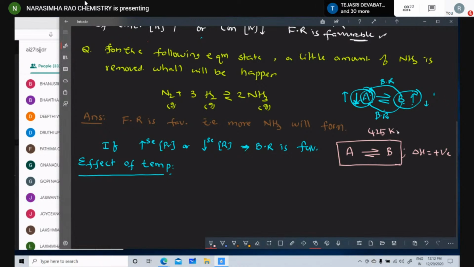Now suddenly I am raising the temperature 425 to 525 Kelvin ki change chesam. Now temperature rise chesam kada, no rise chesina temperature em avvali, decrease avvali.